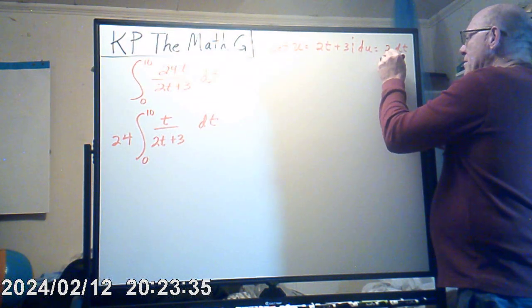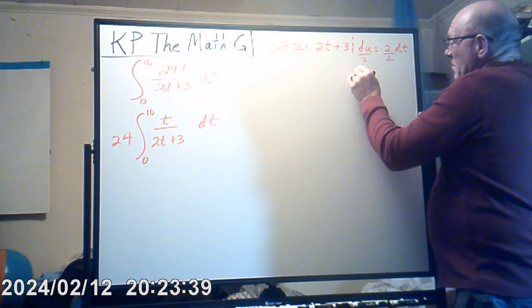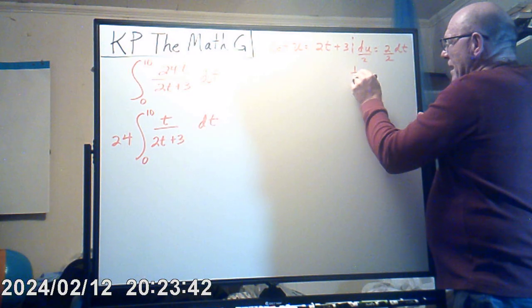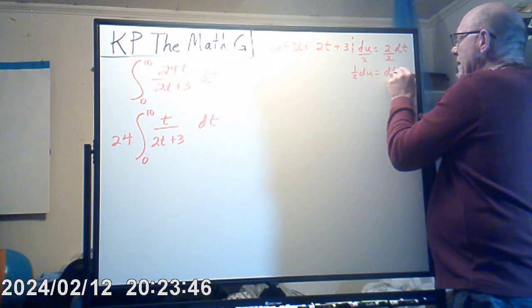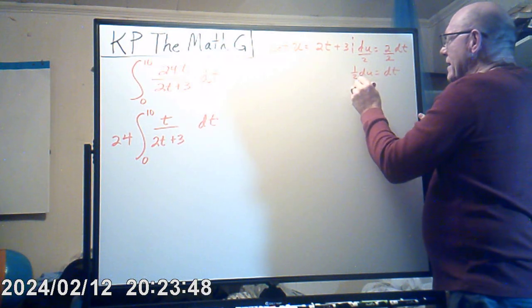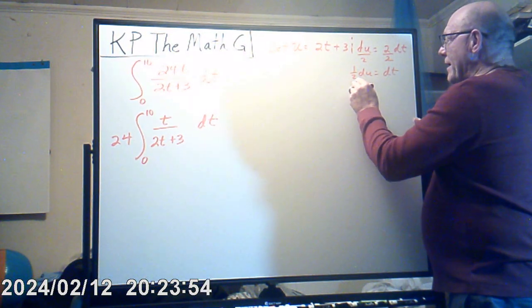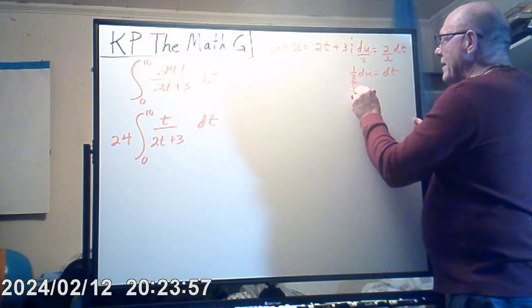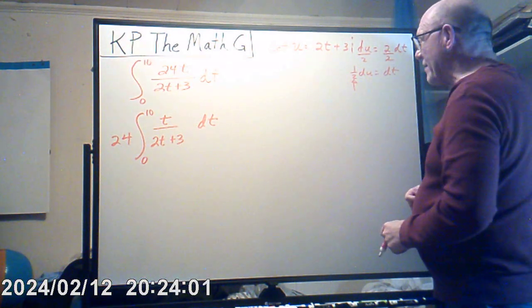We can do either one. I'll divide by 2 since I'm out of space over here. So du over 2, or just 1/2 du, is equal to dt. I want to keep that in mind. Don't forget that, because I did one time on a video, and I had to explain why that wasn't true.